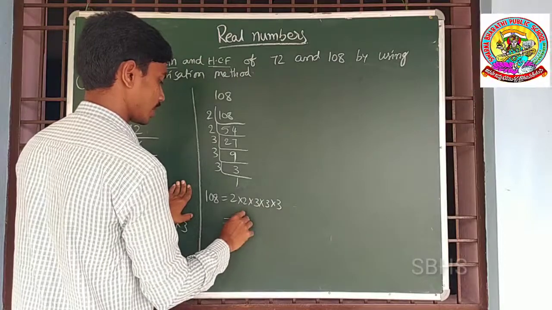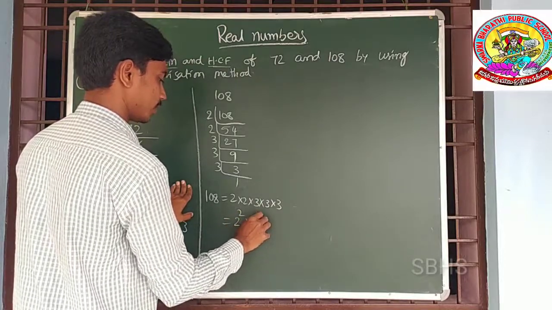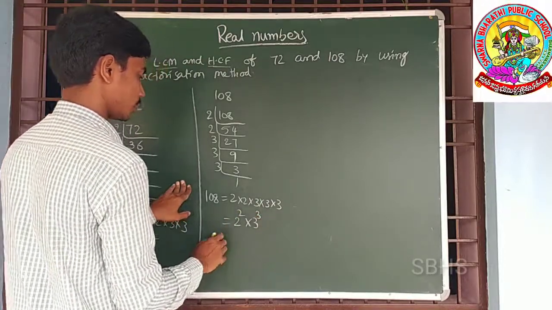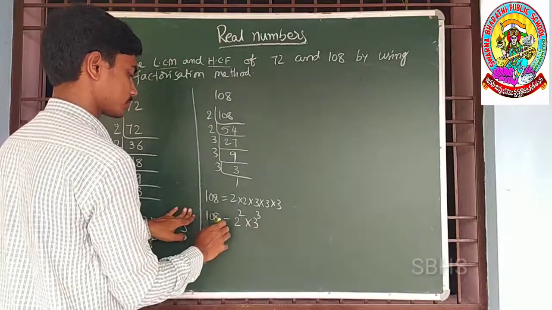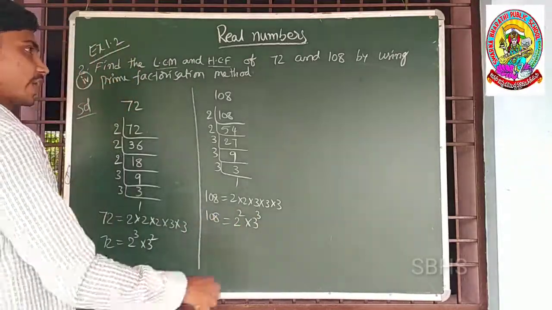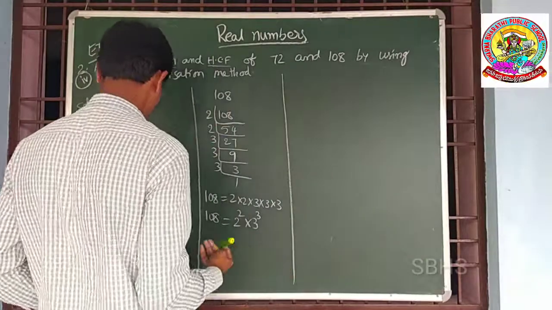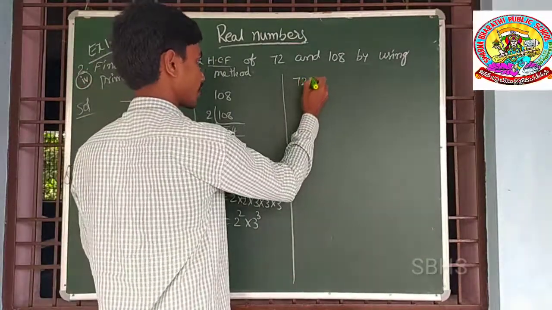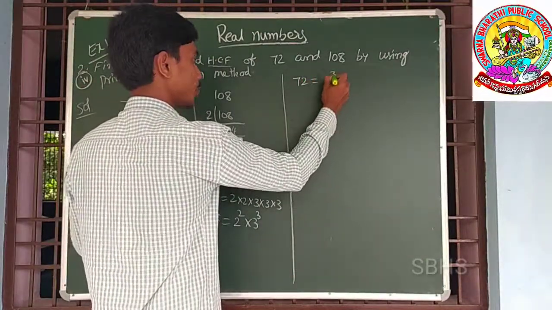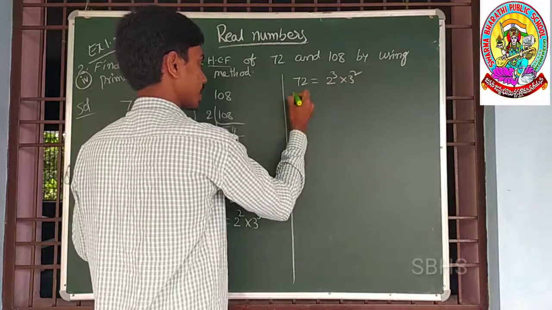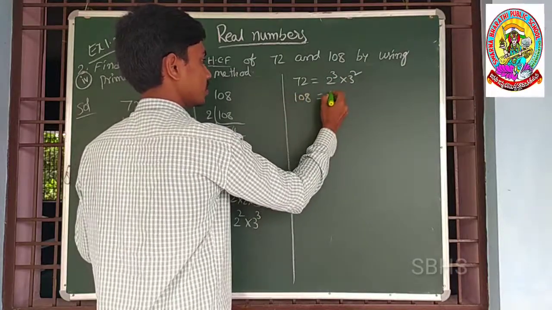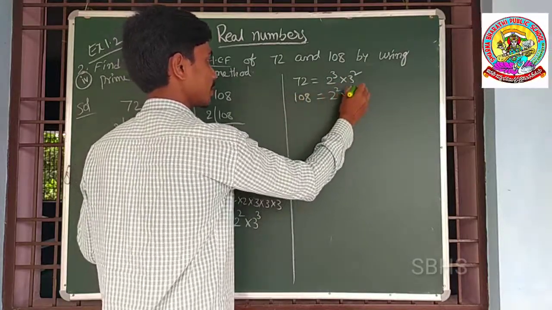Here 2 is repeated 2 times and 3 is multiplied 3 times. These are the prime factorizations. So the 72 prime factorization is 2 cube into 3 square and the 108 factorization is 2 square into 3 cube.